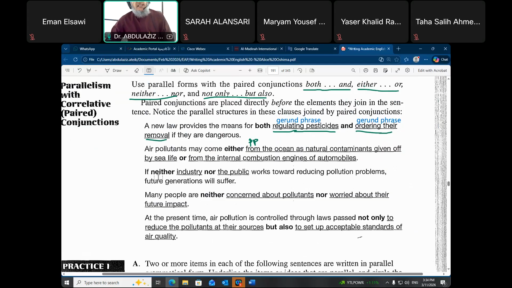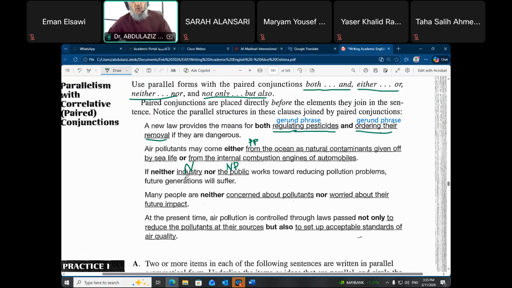If neither industry nor the public, see, this is only noun. Don't say noun phrase. It's only noun. Or the public, NP. Why the public? Why NP? Because it has the plus the noun. If neither industry nor the public works toward reducing pollution problems, future generations will suffer.